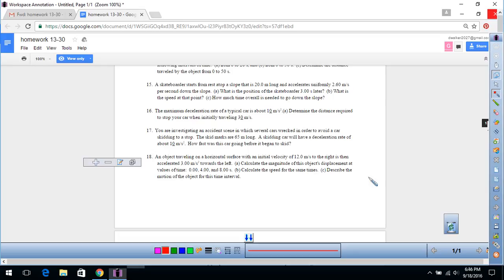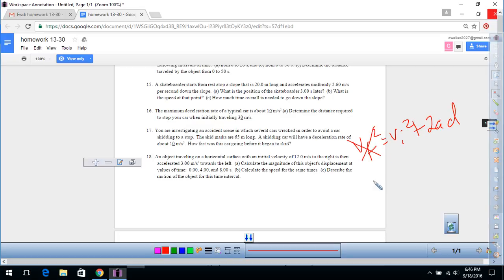Alright, number 17 says you're investigating an accident scene in which several cars wrecked in order to avoid a car skidding to a stop. The skid marks are 65 meters long. The skidding car has a deceleration rate of that. How fast was it going? So again, it skids to a stop, so VF is going to be 0.